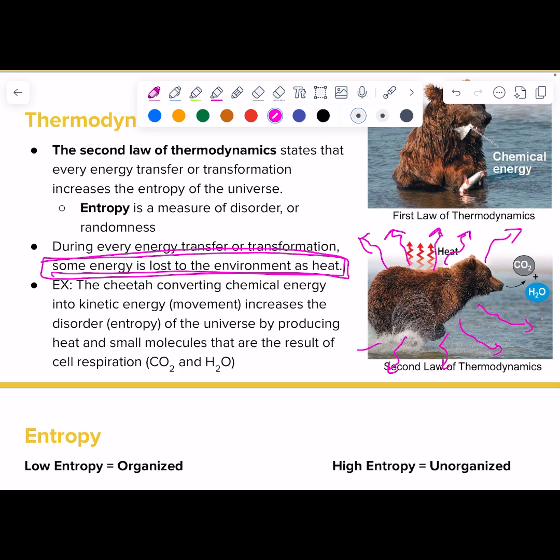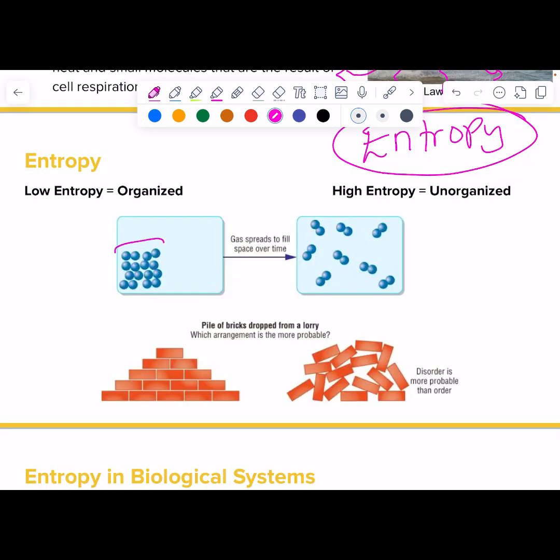If there are any particles, those particles are going to be dispersed, and a lot of disorganization will happen. And that level of disorganization in science is what we call entropy. So when things are very organized, like there, we say that they have low entropy, meaning they are not disorganized. But when things are spread out, then we say they are disorganized.